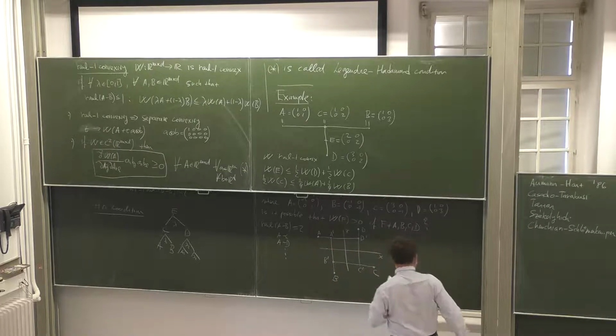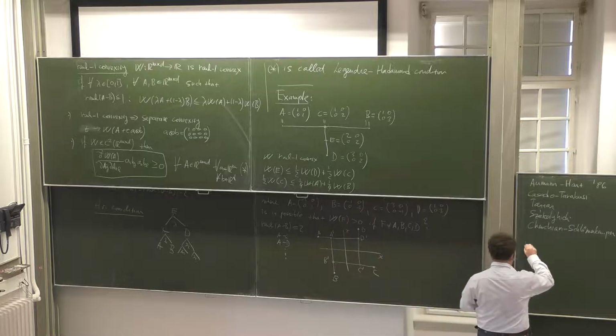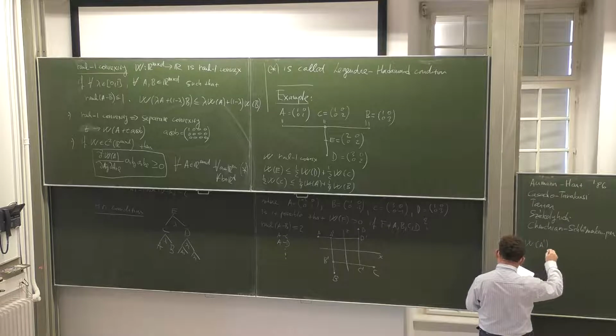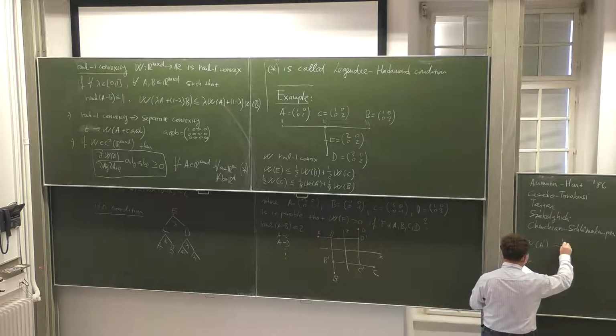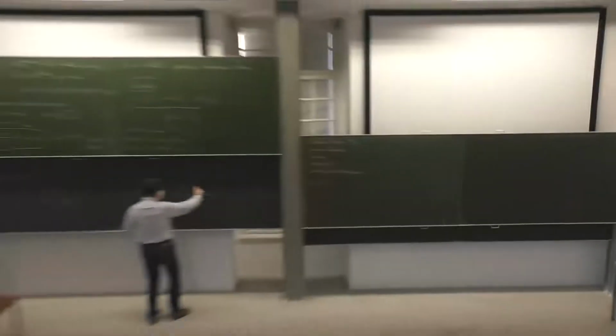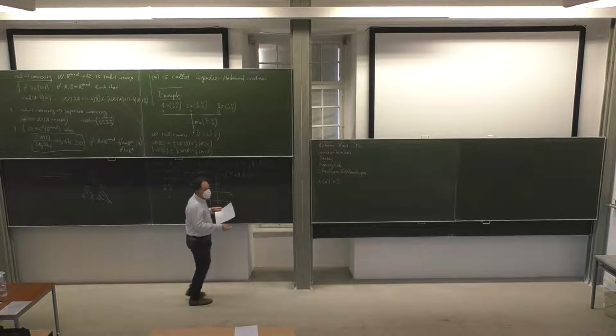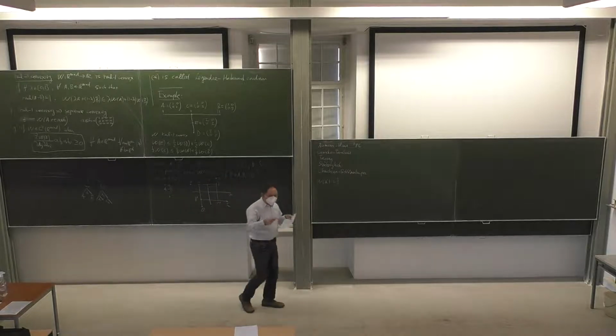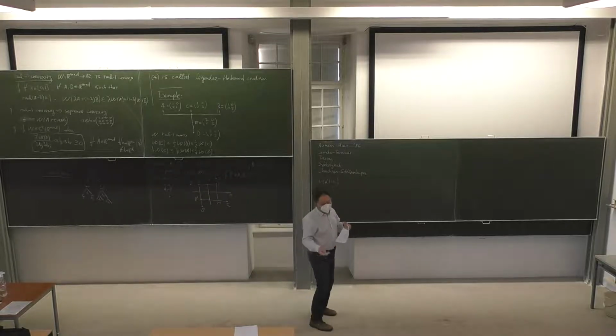We say W at A prime is smaller or equal than 1/2. This is the coefficient, so the distance here is the same as the distance here. So 1/2 is just my choice. This could also be different, but then the calculation is more involved.